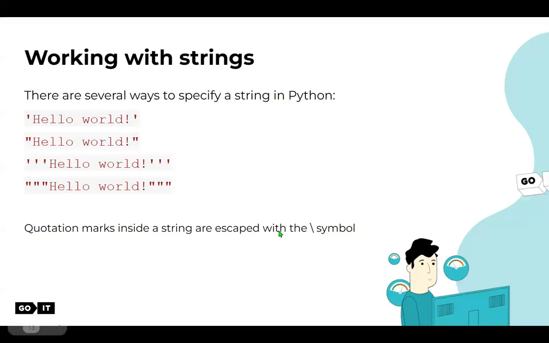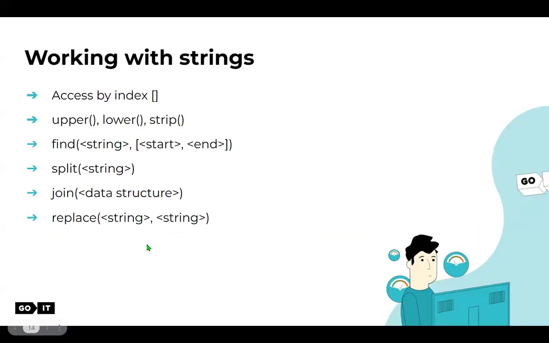Also, the backslash symbol escapes the string for the most part. Again, this is all in the LMS. So these are your operators: access by index, which is your bracket, upper, lower, strip, find, split, join, and replace.